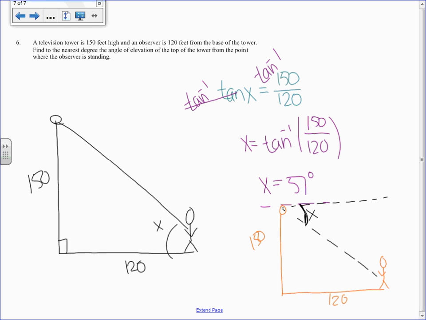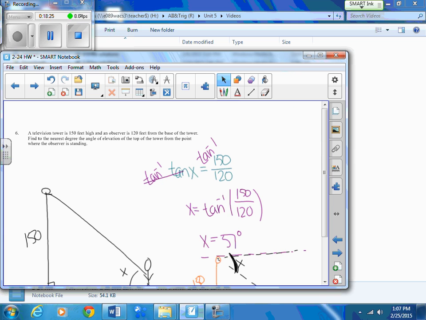This horizon where my guy was originally looking is parallel to the ground. So right now we've got alternate interior angles. So my angle of depression is going to be equal to my angle of elevation. So they're equal to the same thing. But if you're drawing your diagram, you should actually have both of those angles in there. But that's it. I'm done.